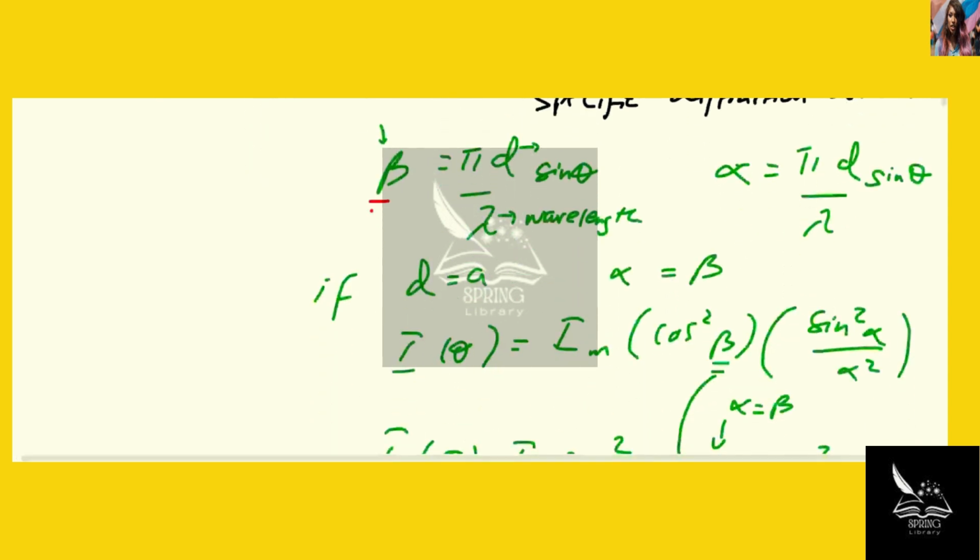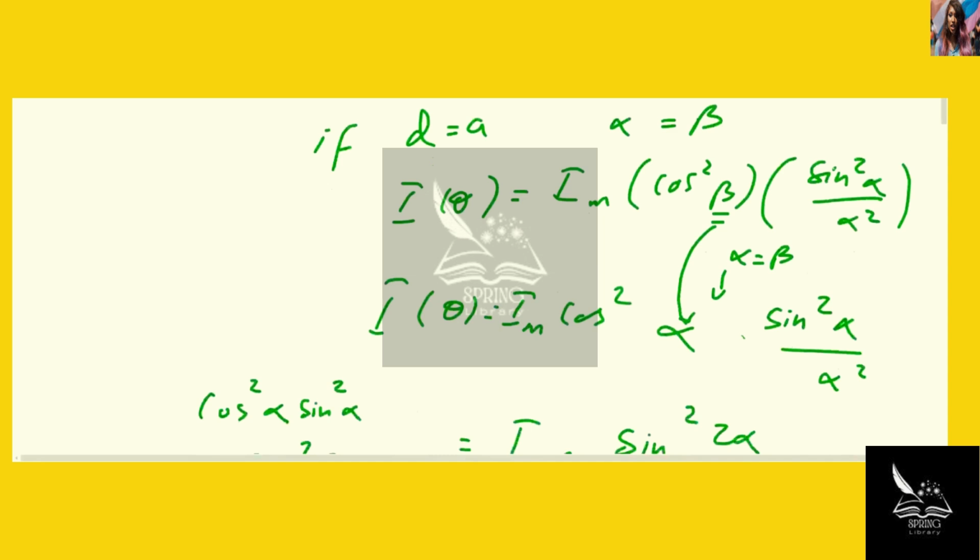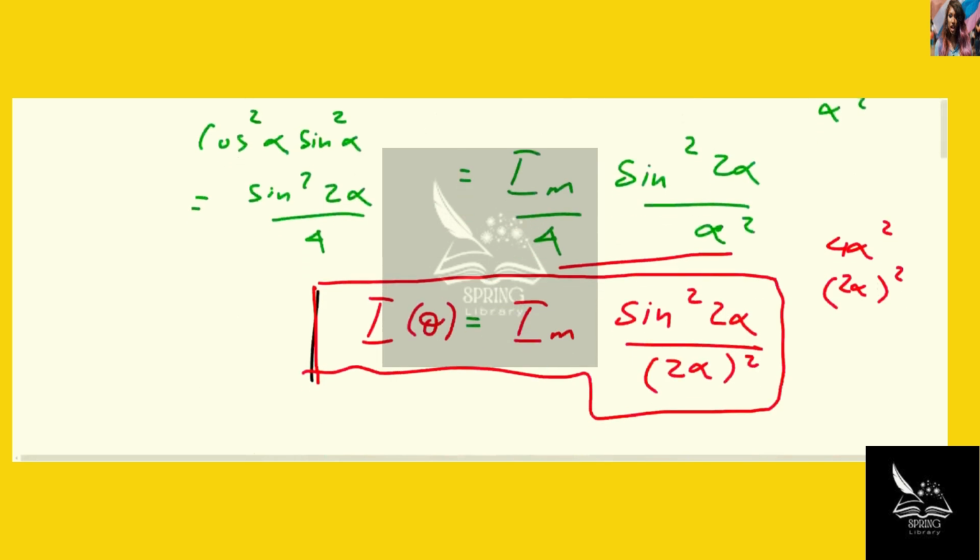So we have 2 constants given, alpha and beta, and d equals A. So the slit width A is equal to the gap between the slits. Alpha is beta. We do a replacement of alpha with beta, and then the problem collapses to Im over 4 sine squared 2 alpha over alpha squared, and simplifies to Im, which is intensity, sine squared 2 alpha over 2 alpha squared. So hope you enjoy the problem.